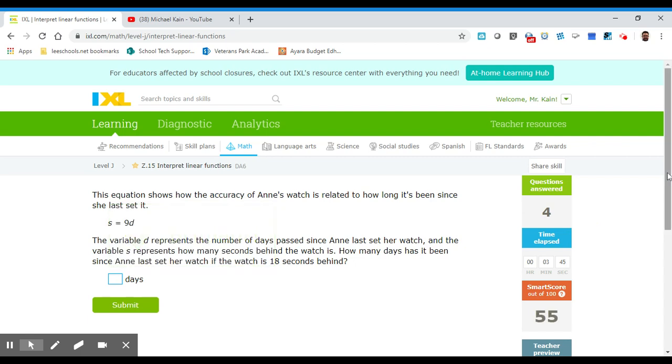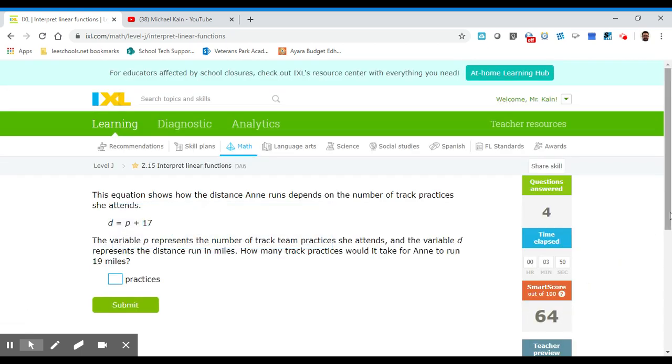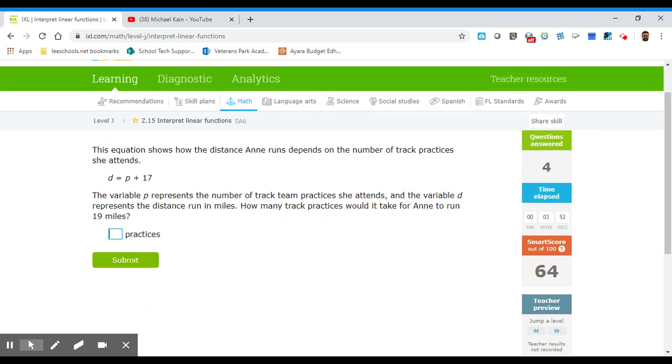All right, let's jump up another level here. Okay, 64. So, how many track practices would it take for Anne to run 19 miles? P is practices, and D is distance.